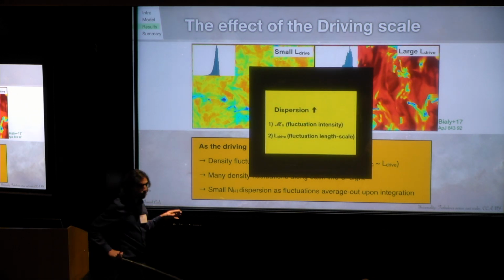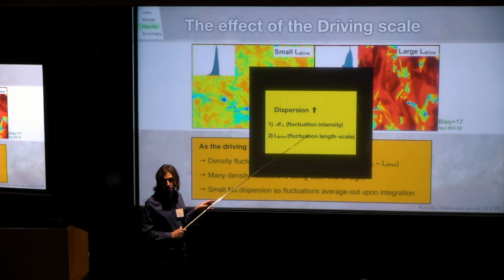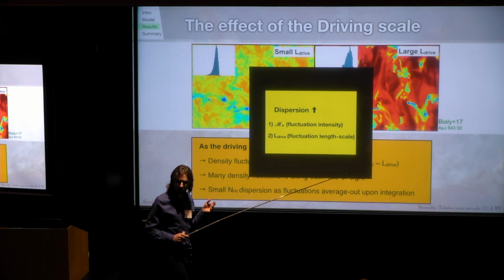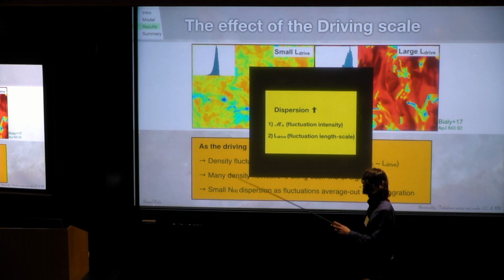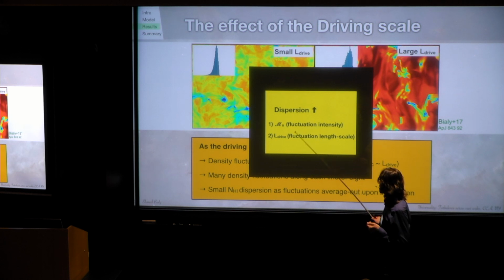To summarize these 2 points, the dispersion in H1, but also in other species, I just show H1 as an example, increases as the Mach number increases because the fluctuation intensity increases. And it increases as the driving scale increases because the fluctuation length scale, or coherence scale, increases.